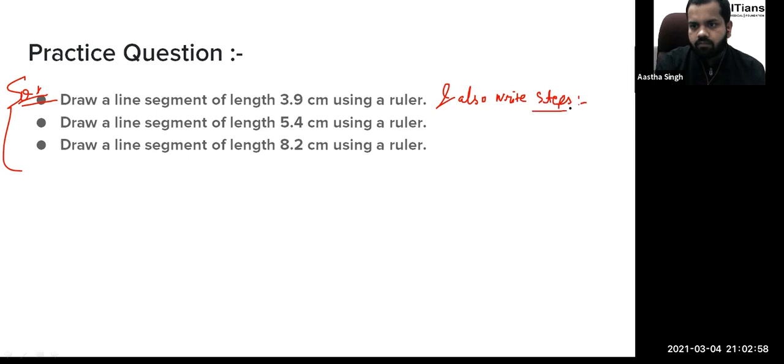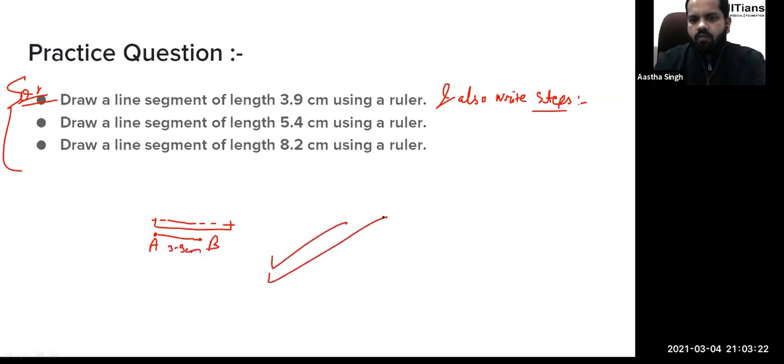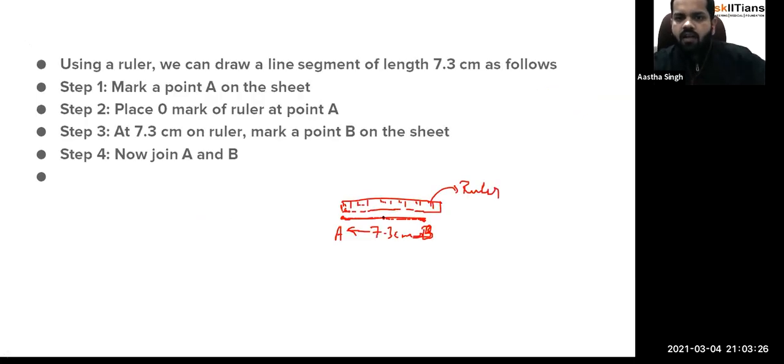Just take a ruler, first mark a point A on the sheet, and take the ruler at point 0, and the pencil at 3.9 centimeter. Mark at B. This is how you will get your steps and your construction. A similar step, just remove 7.3 and put 3.9.